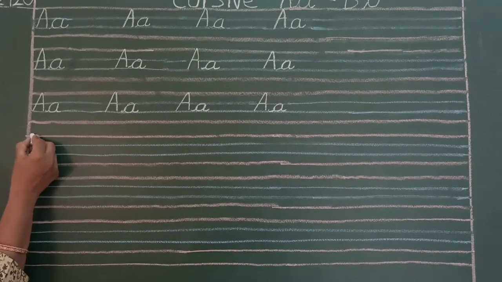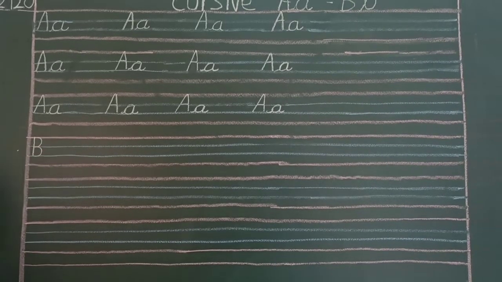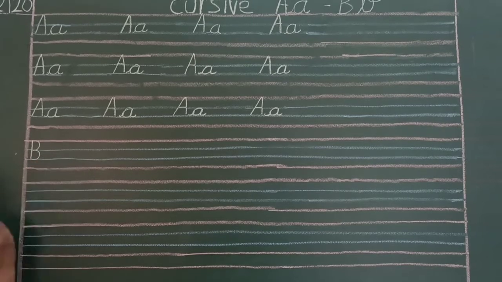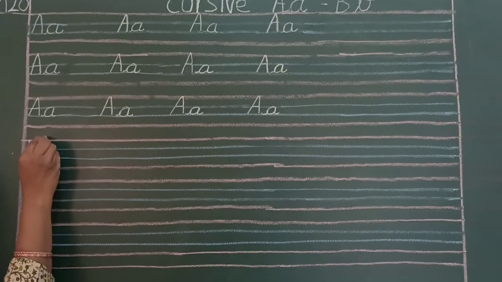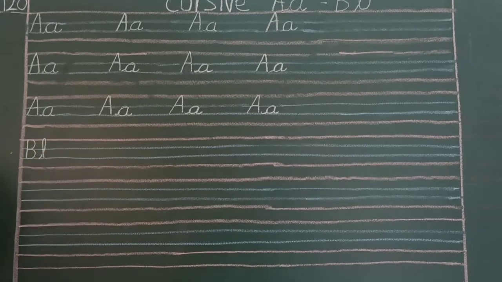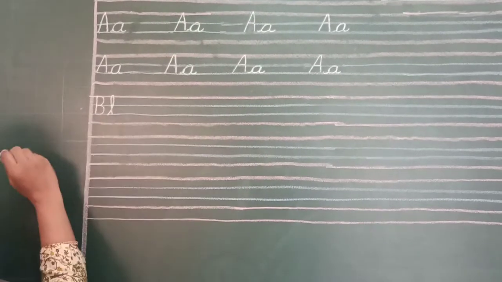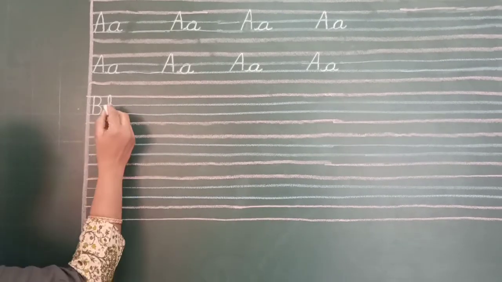Now capital B. Just like our print B, you have to write B. Then see how to write small b. Start from this blue line and draw a loop like this, continuously writing cursive. Don't lift your hand, but just to show you how to write that, I'm doing this.